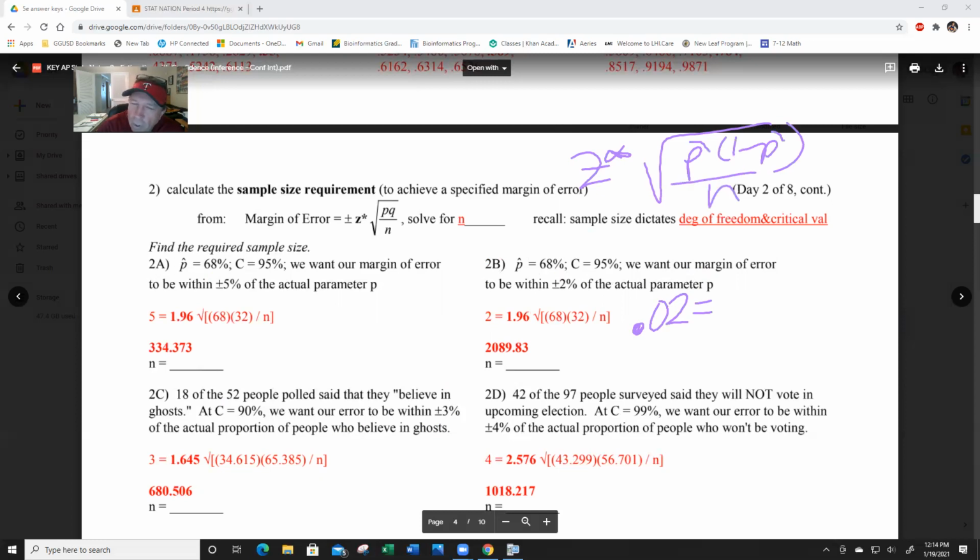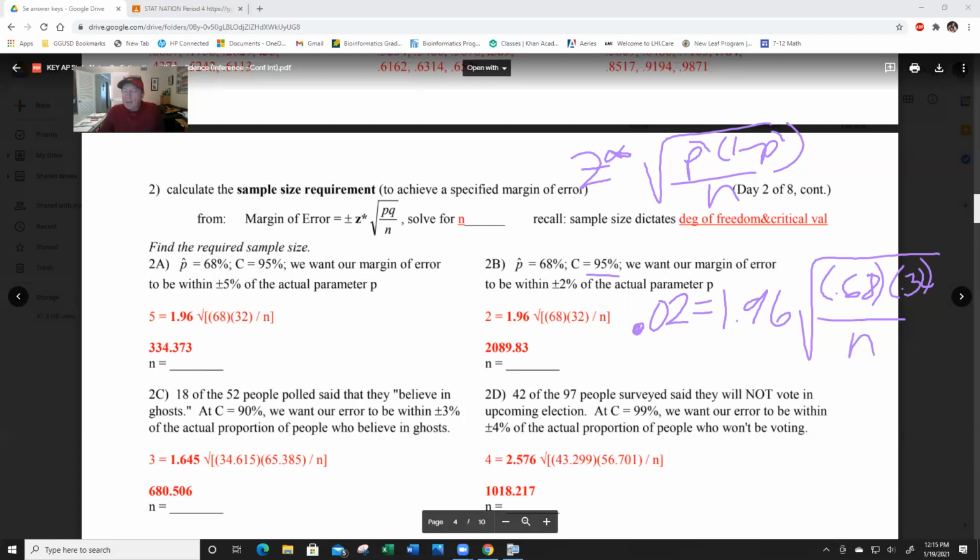So 95% is 1.96, and then it's going to be 0.68 times 0.32 over n, and you're going to solve that.